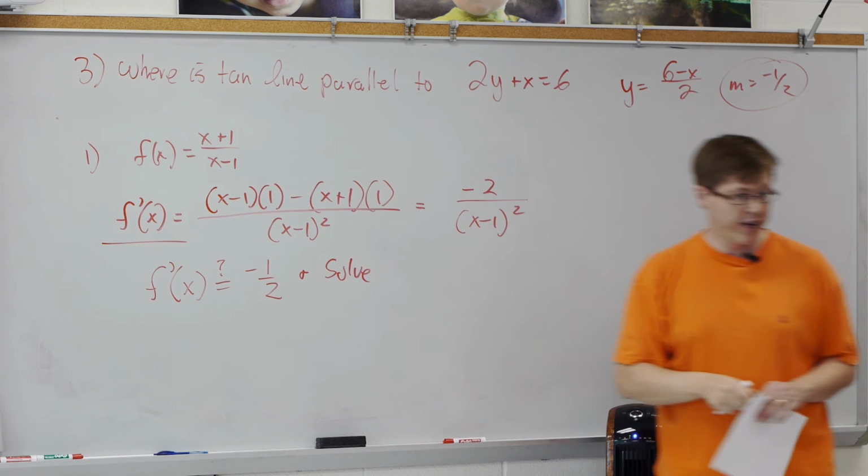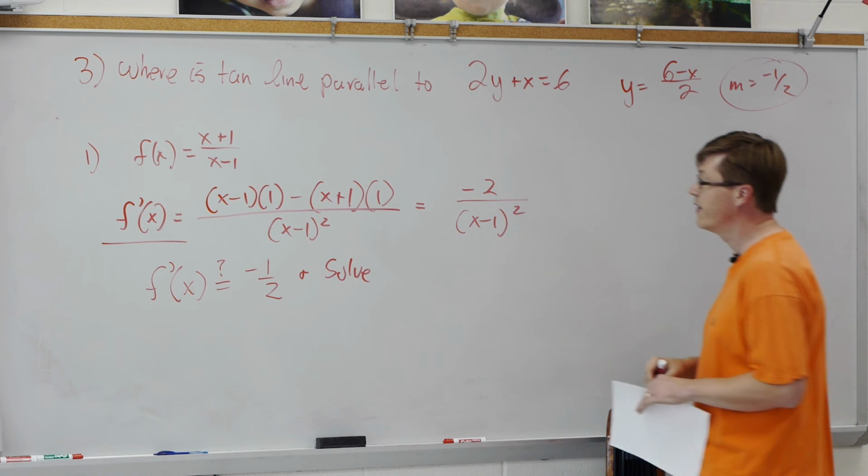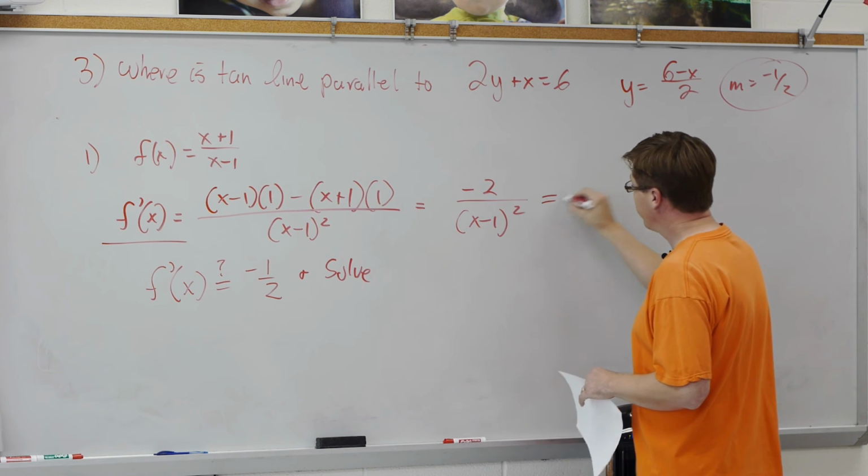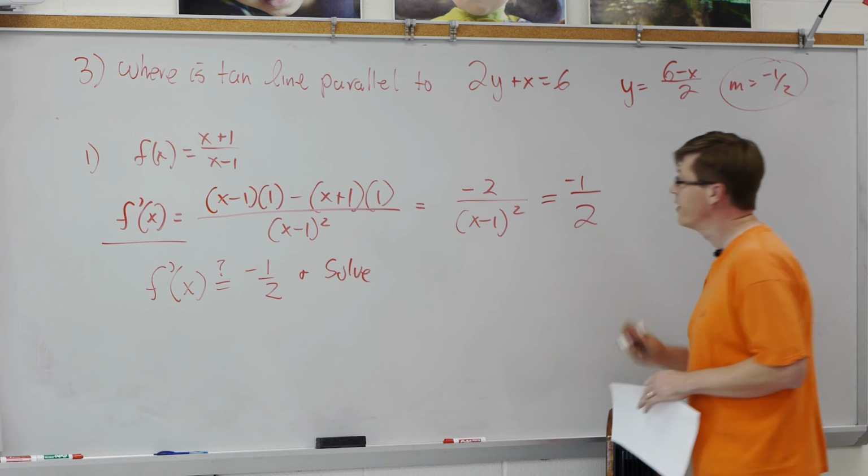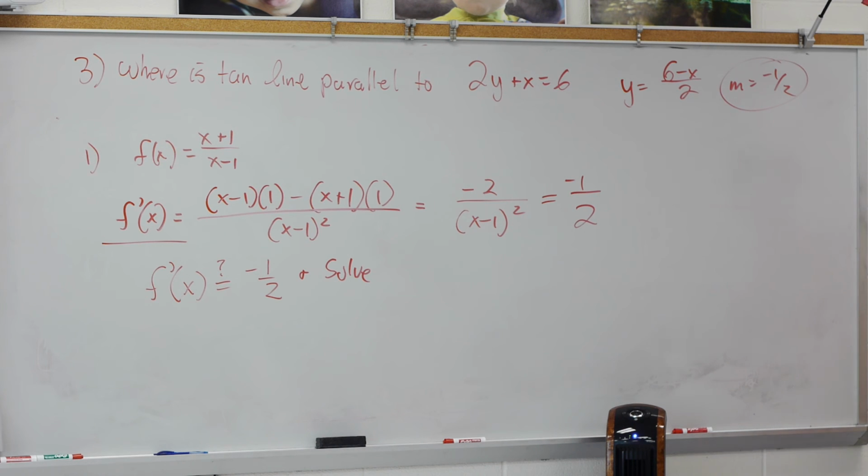Whenever you have two rational expressions, the easiest thing to do is just cross multiply.